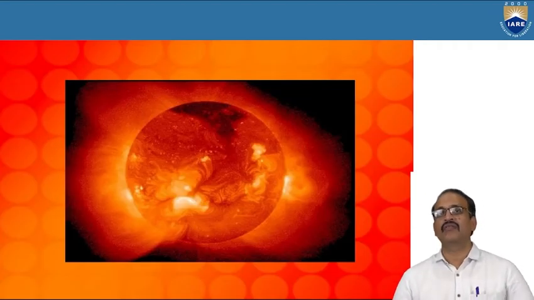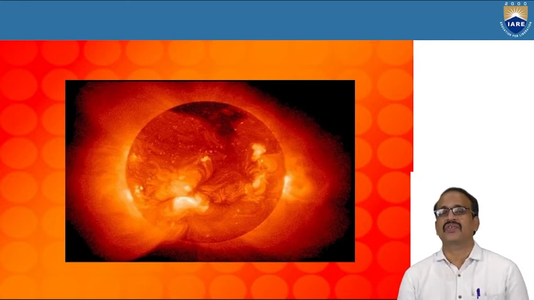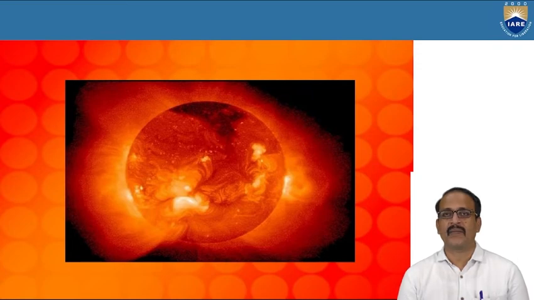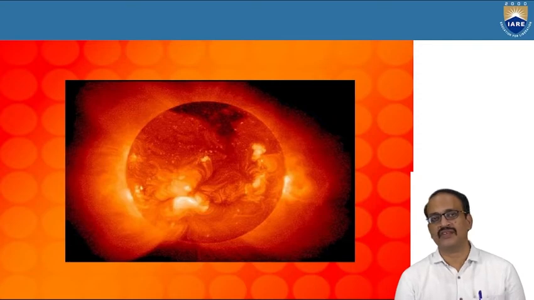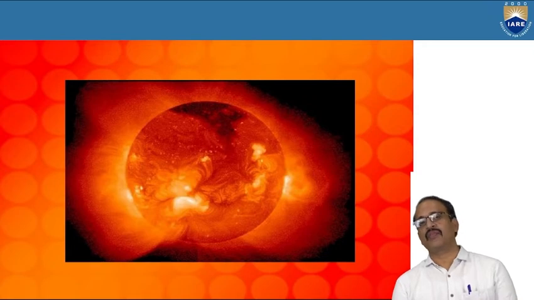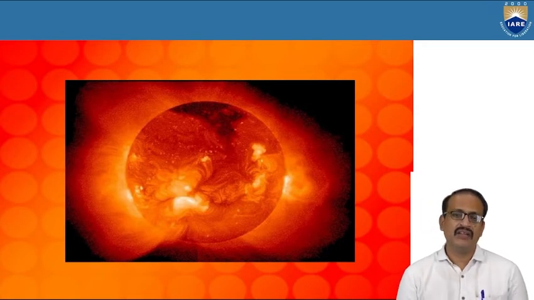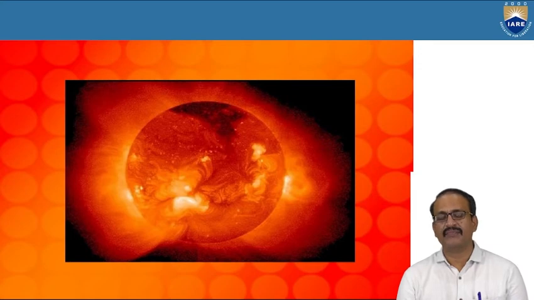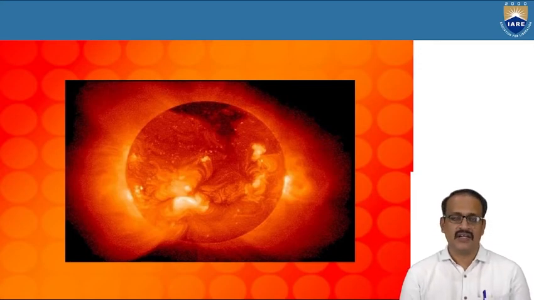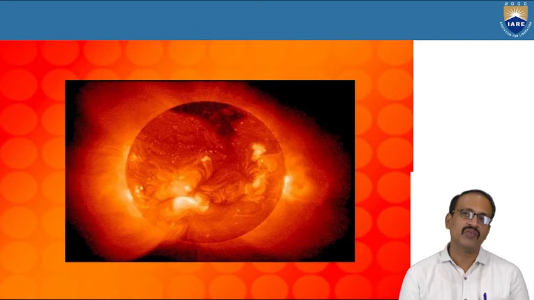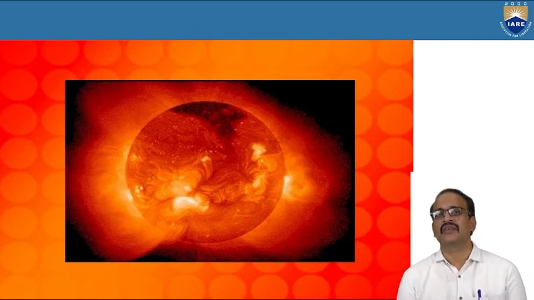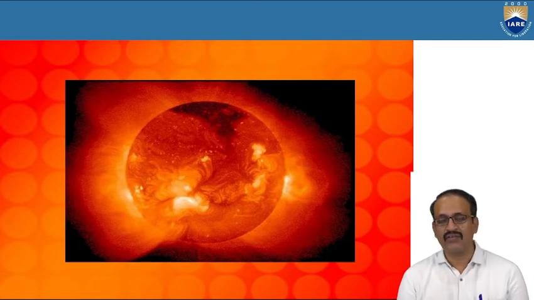So this is how the sun looks from the cameras of the stations. With the naked eye, we cannot observe the sun. All the knowledge we are getting comes from observation. Scientists make observations, come to conclusions and apply them.